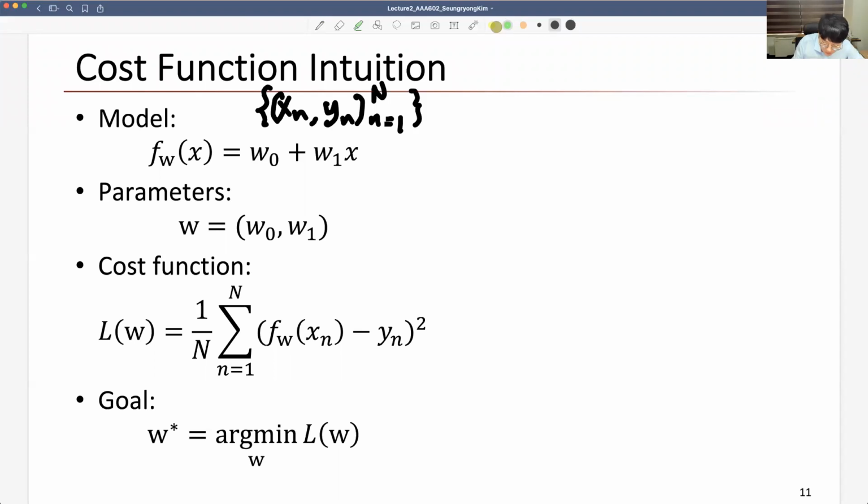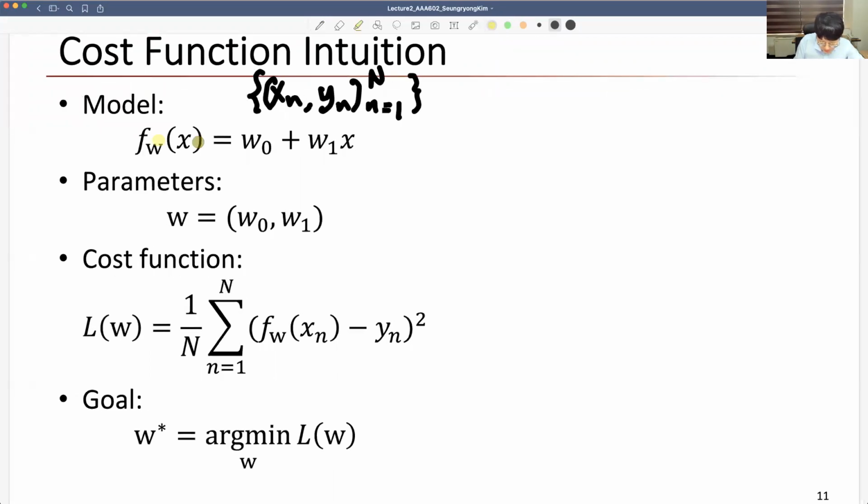First of all, we have to define the model or the mapping function, and then define which parameters should be trained. In this case, W0 and W1. Then we have to define the cost function, something like this, right? Then our final goal is to find this learnable parameter W, this optimal parameter W that makes this loss function minimum, which will be the optimization process, right?